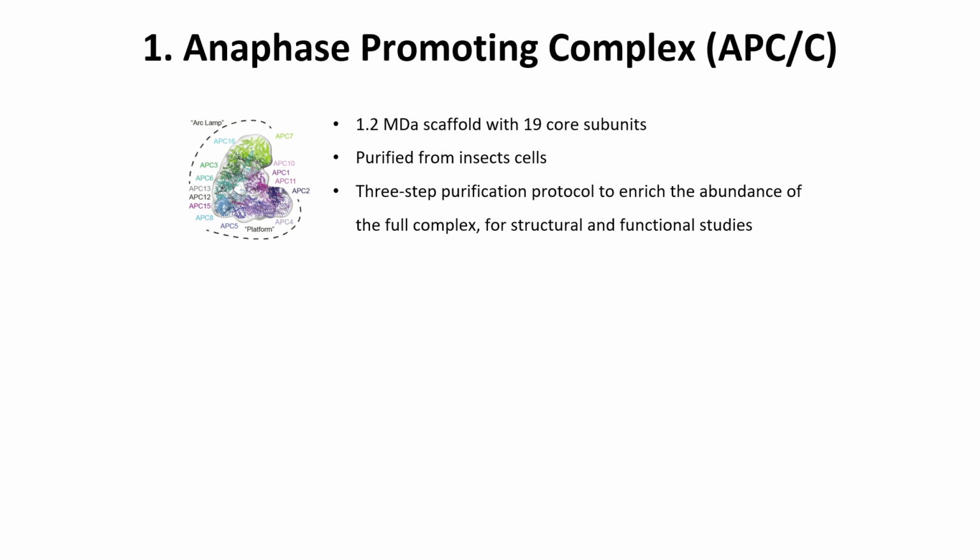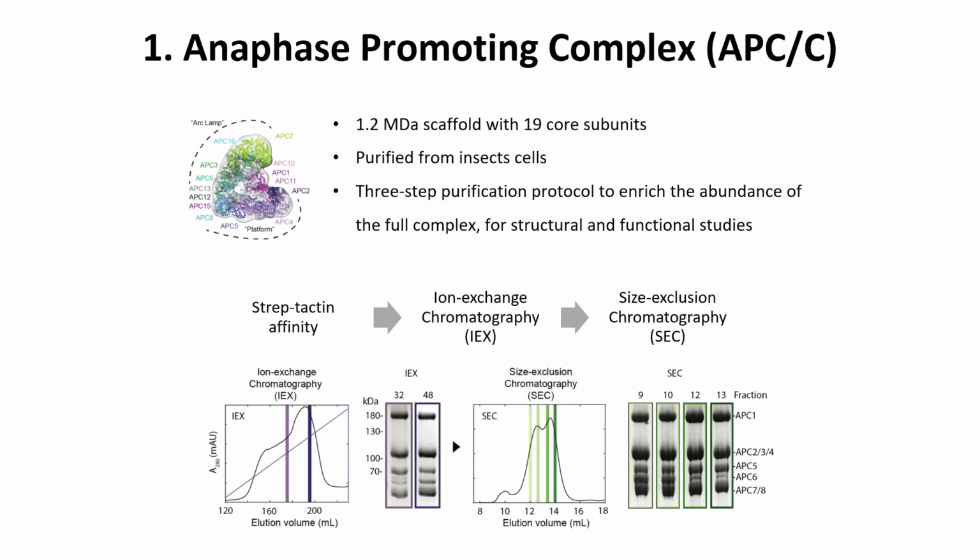So when you take it to your structural studies, specifically with cryo-EM, you will have the maximum number of full complexes to average out. It's a 3-step purification, and it includes strep-tactin affinity chromatography, then ion exchange chromatography, and at the end SEC, which is size exclusion chromatography.